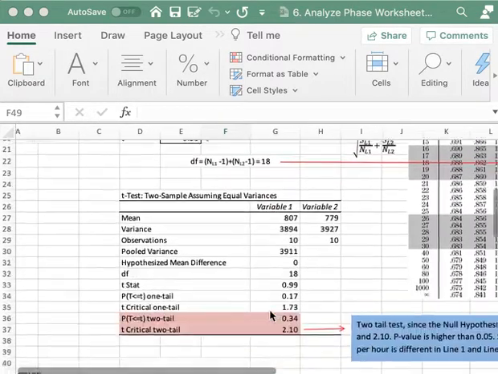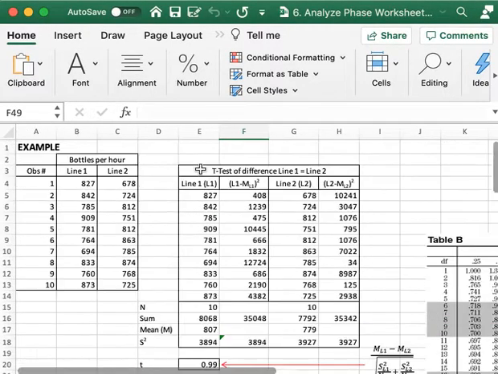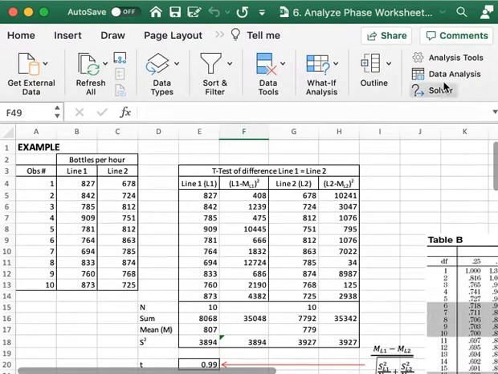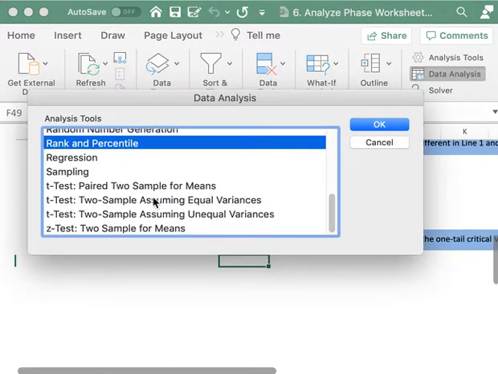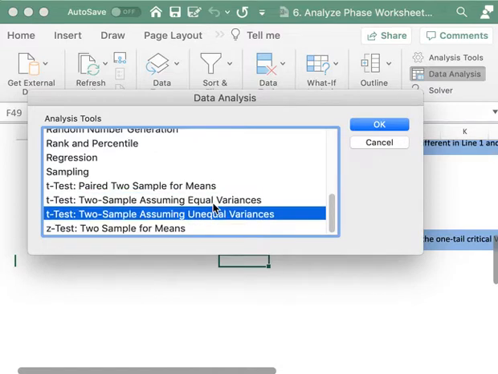Okay. We can also do the test here in Excel. So to do the test in Excel, it's the two sample assuming equal variances, right? This is the test. To do that, we need to go to data, and go to data analysis toolpack and do the t-test. So we can say assuming equal variances or assuming unequal variances.